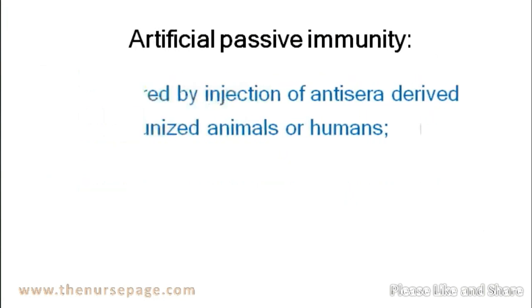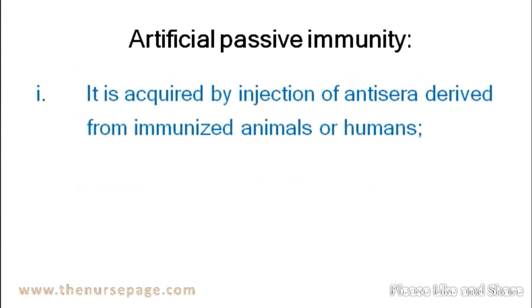Next, artificial passive immunity. Artificial passive immunity is acquired by injection of antisera derived from immunized animals or humans. In the case of rabies, after the rabies infection, antisera is used for treatment.